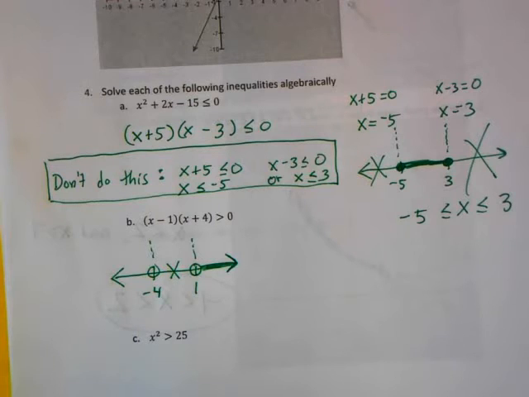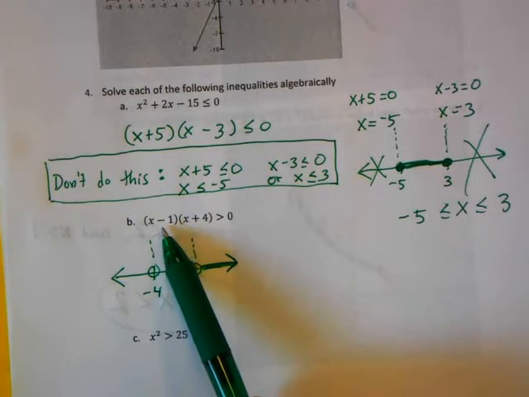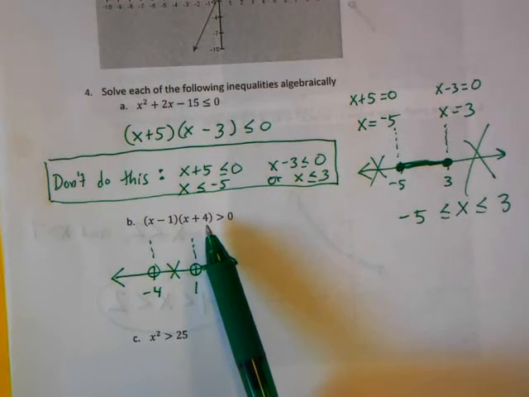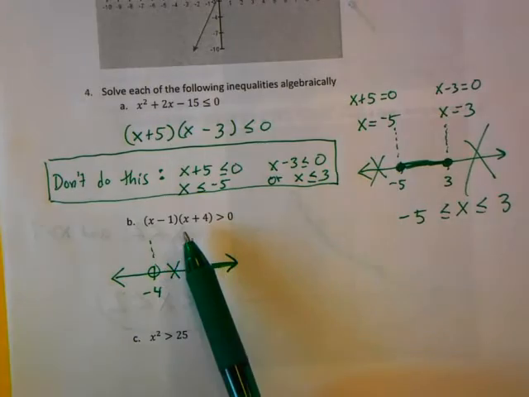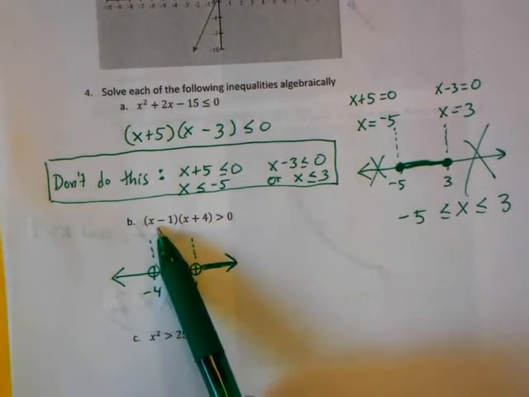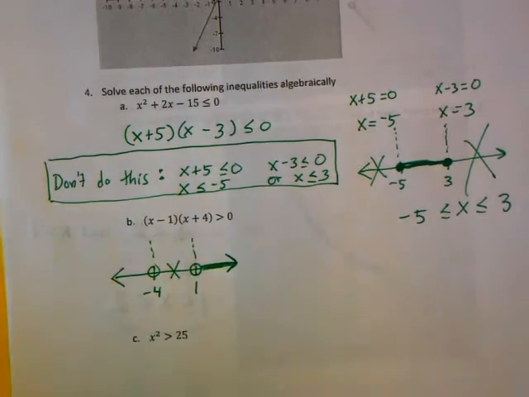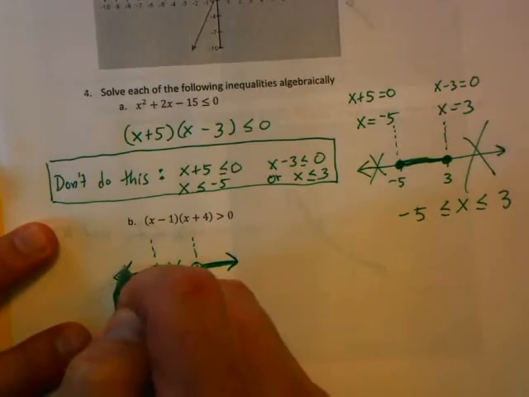What's negative 6 minus 1? Negative 7. Negative 6 plus 4. Negative 2. I have a negative number times a negative number. When I multiply two negatives, I get a positive. That's good. I shade like so.